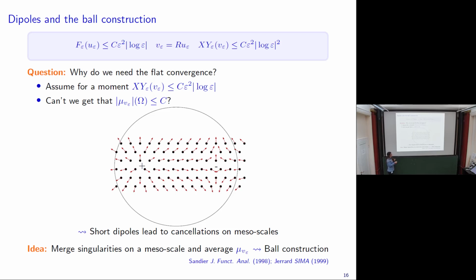So essentially, you start with a collection of disjoint balls, and you let them grow linearly until they meet, and you merge them. And you need to find a nice point where to stop, so that the measure, let's say mu epsilon tilde, that you construct in this way, on the one hand satisfies an energy bound like this, so has bounded total variation, and at the same time converges to the same flat limit.